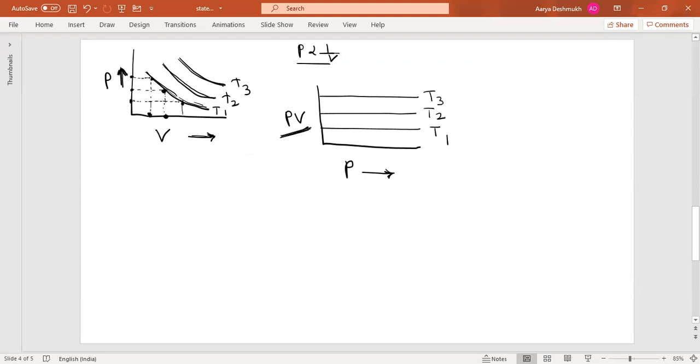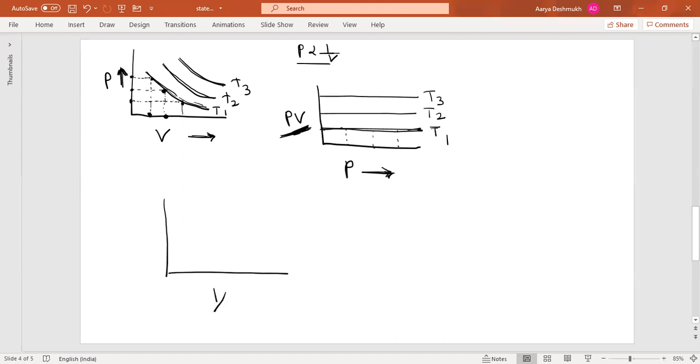Means even if you are changing the pressure, there is no change in the product of pressure and volume. At any temperature, the product would remain the same for that particular temperature. Of course, the temperature should be constant. It means that. Third way, you can graphically represent this graph.